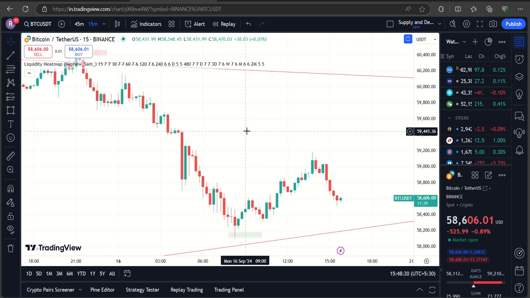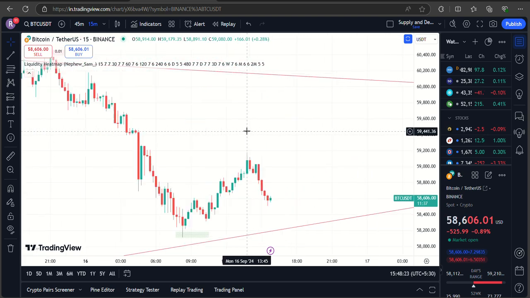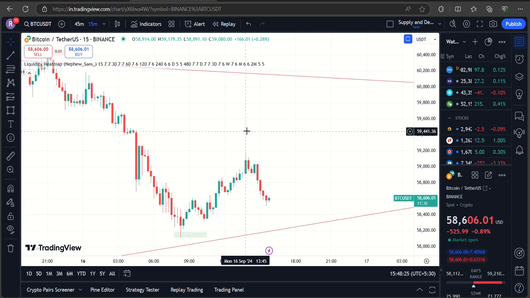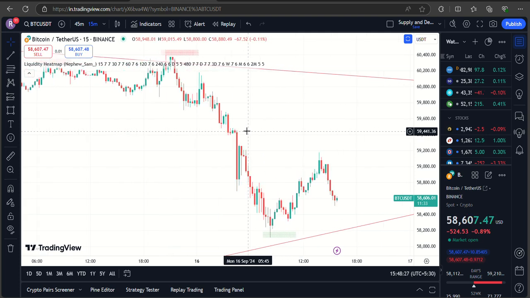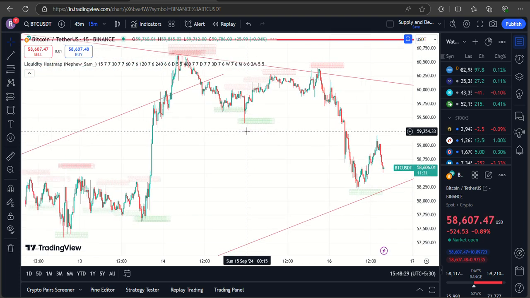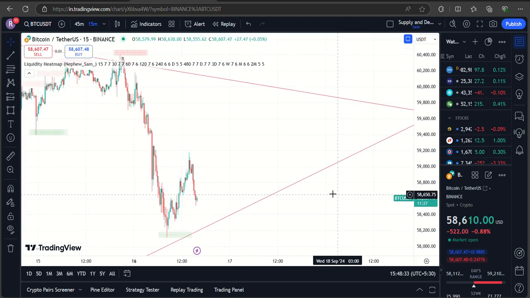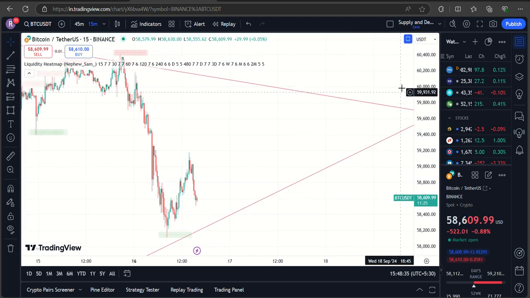So it looks good, but I would not completely depend on this because this does not look like it could go anywhere. This could just range around this area, then clear this, and then boom, go up.